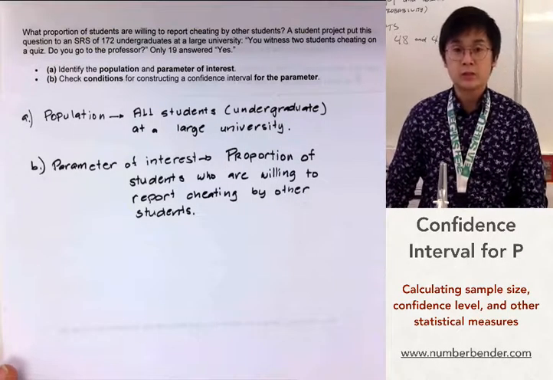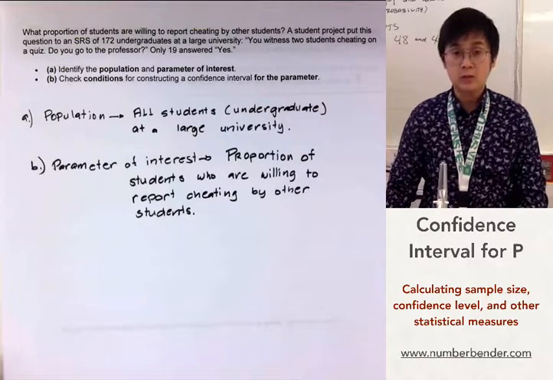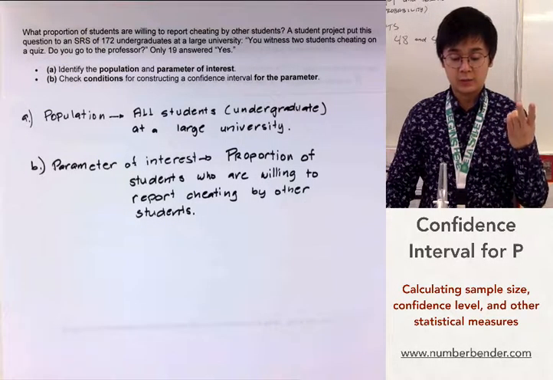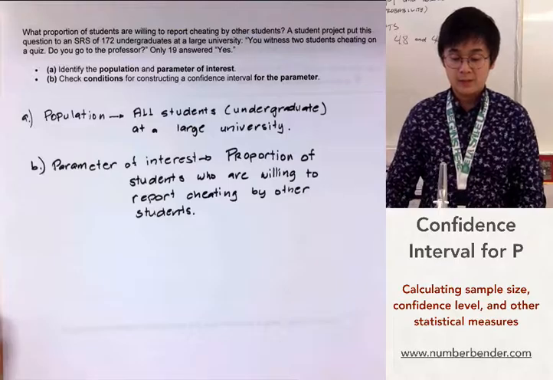Now, to check naman yung conditions natin, meron tayong tatlong conditions. Yung randomness, normality, at saka yung independence ng given sample.